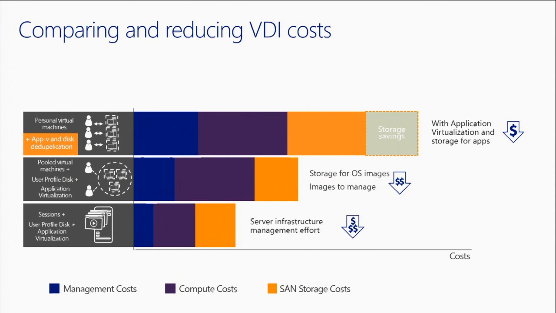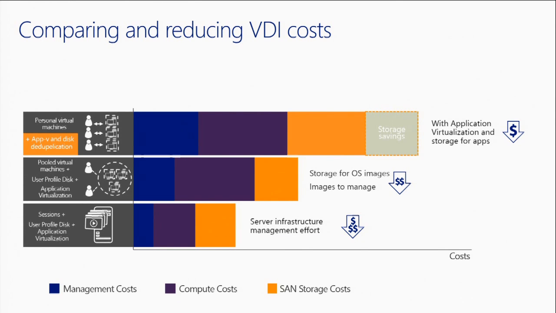And then finally, with session host servers, management costs go down again very significantly because I don't have to manage that gold image and take care of making sure that gold image gets updated and replicated. All my patching happens right on the server. So those costs go down. I also get some storage savings because now I'm not managing any additional disk images for users. So we typically see the best cost savings with sessions.